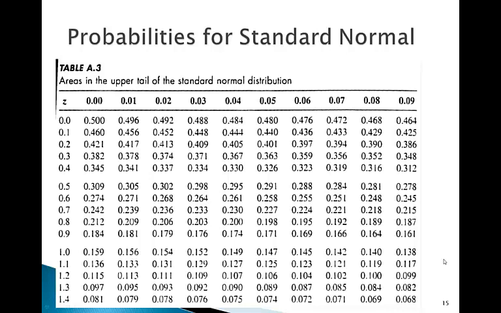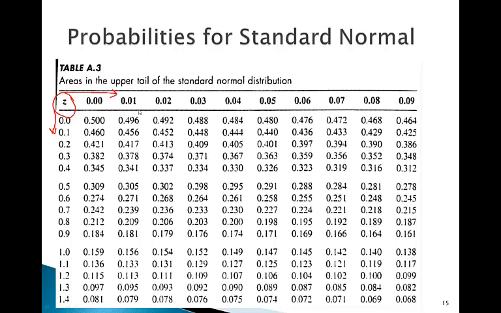Once you have the z-score, you can look up the probability associated with that z-score in this table. If you look at this z right here, the column gives you the first number and the first decimal point of the z-score, and then this way gives you the second number in the decimal.